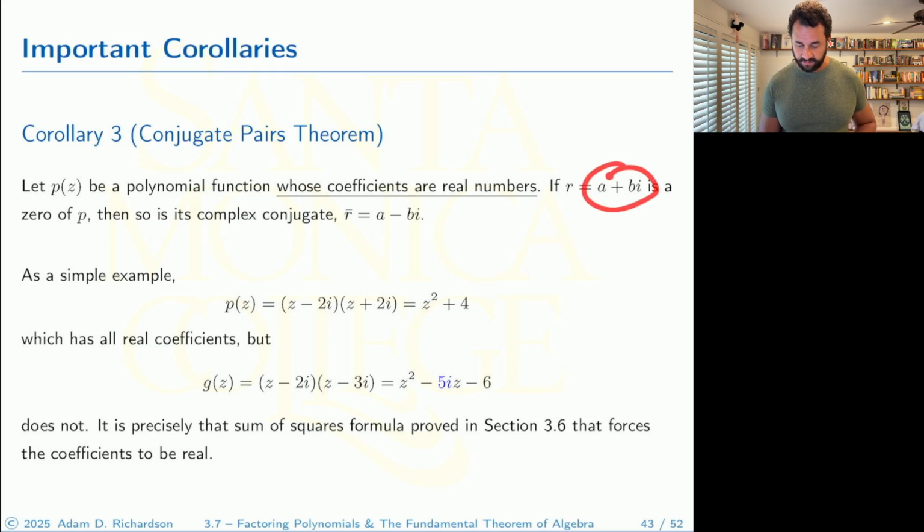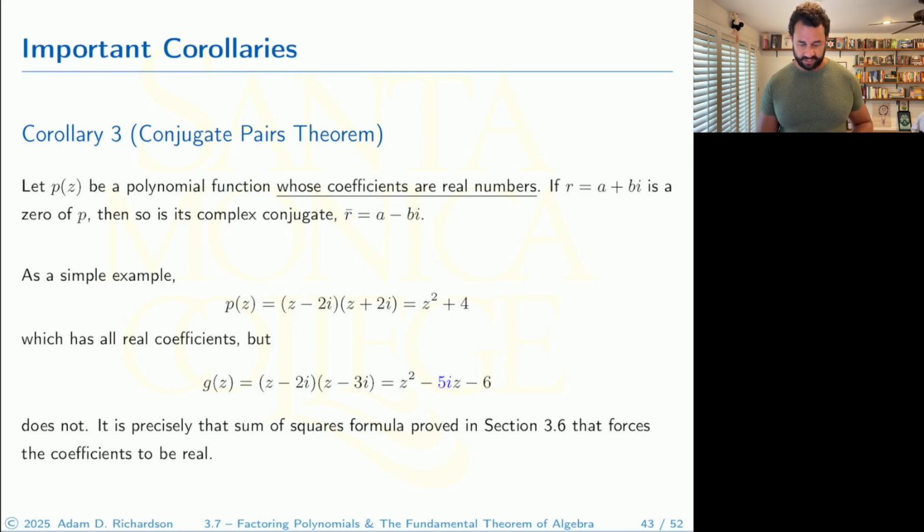So in other words, if you've got a number a plus bi that is a zero of the function, then a minus bi must also be a zero of the function. The only caveat is the coefficients have to be real numbers. If the coefficients involve imaginary numbers, then there's no guarantee that a conjugate is going to be a zero.